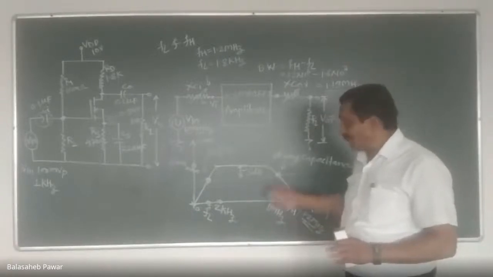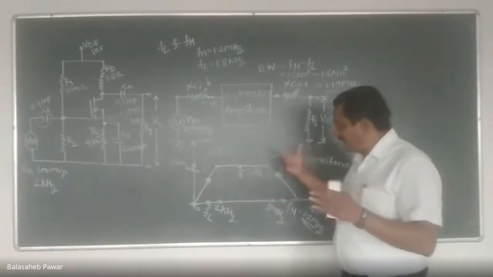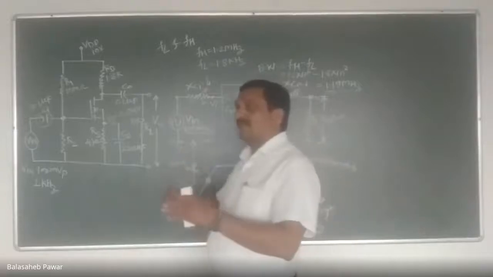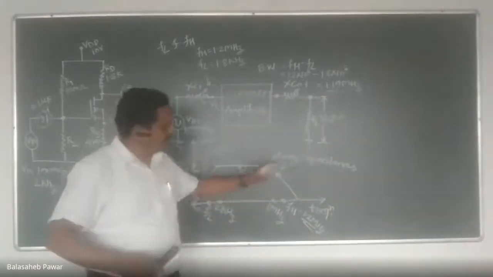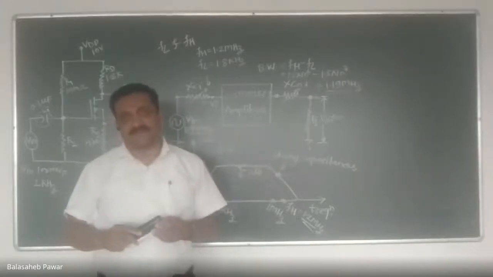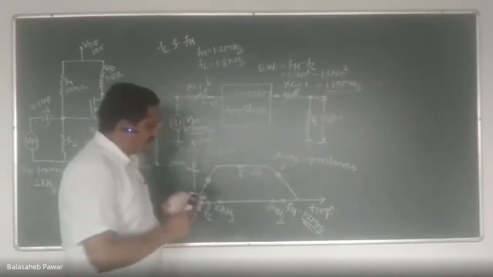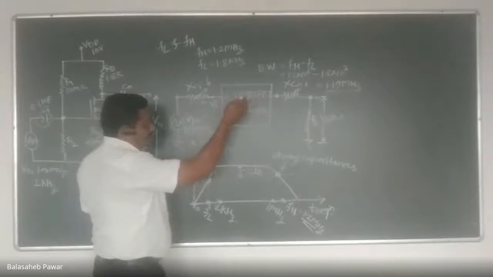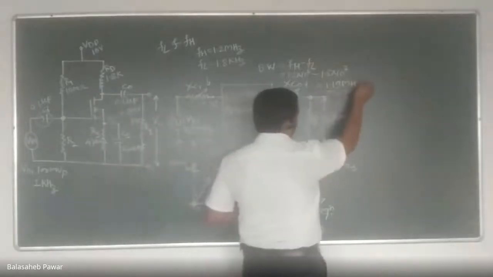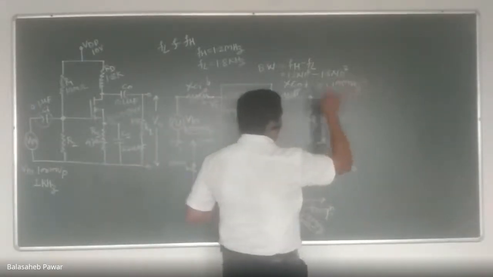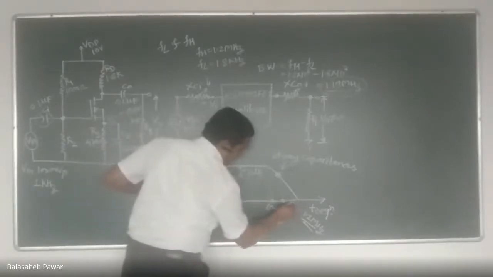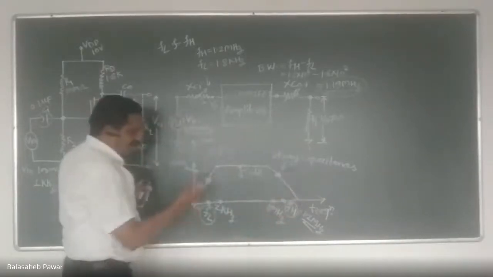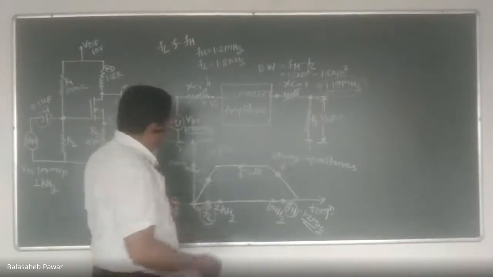So what is its significance? Why did we plot this FL and FH? Why are we studying this frequency response, or why do we want to perform this practical? That's why we studied this bandwidth, that is 1.19 megahertz, and that's why we studied FL and FH. Correct? So what is the significance of FL and FH?